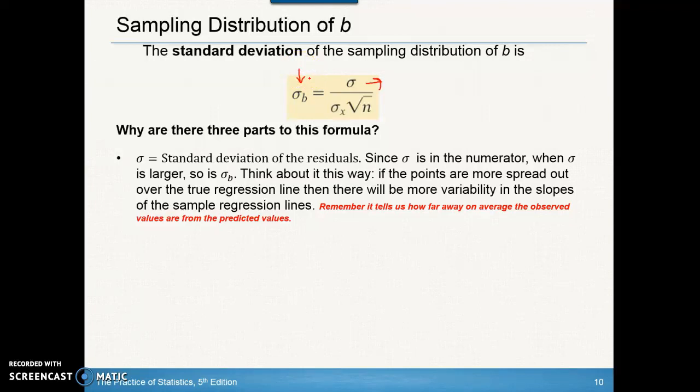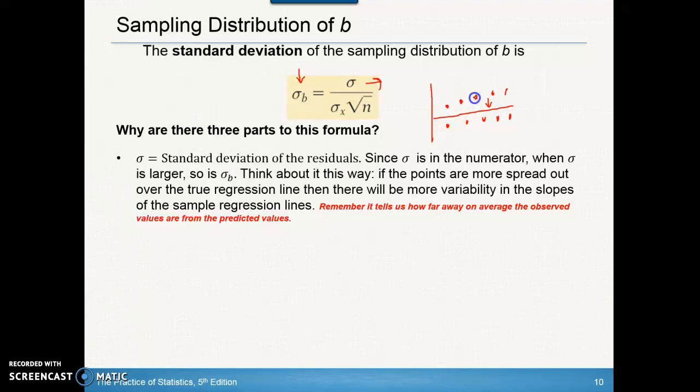So think about it this way. If the points are more spread out over the true regression line, then there's going to be more variability in the slopes. So what do I mean by more spread out? I'm talking about if there's points above and below the line, and here's your sample regression line. If the points are more spread out like they are over here, then there's going to be more variability in the slope.